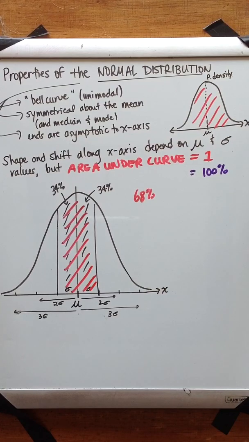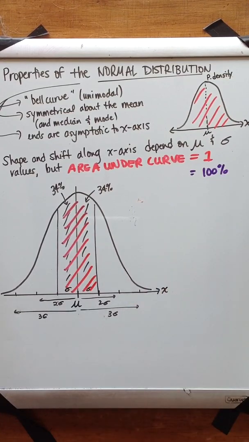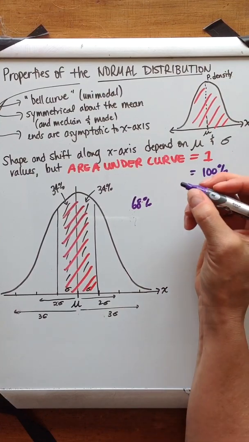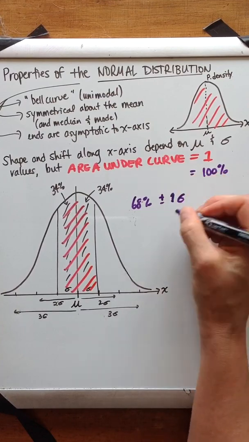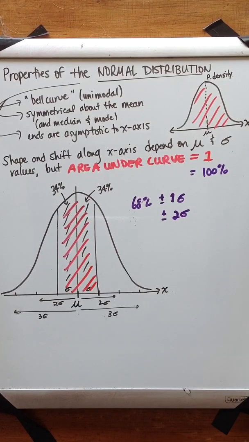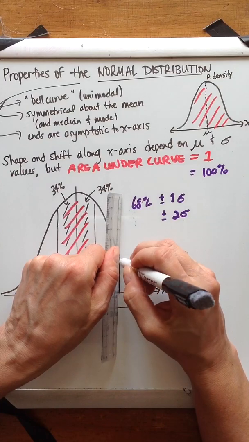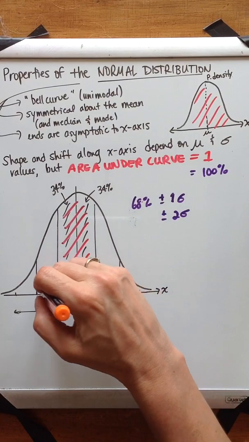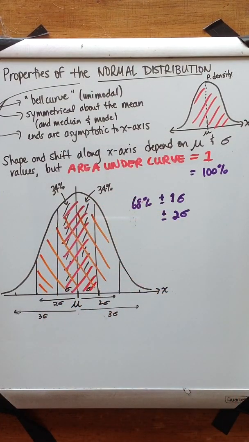And so actually what I'll do here is I'll write this in purple so that it corresponds with the idea of percents as well. Okay, so 68% is within plus or minus 1 standard deviation from the mean. If we go plus or minus 2 standard deviations from the mean, meaning that we extend out to here, and we look at the area under that curve, it's going to be less than 100%, but we sure would expect it to be a lot closer to 100%, and it is.